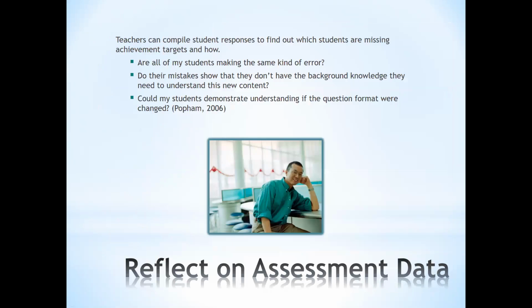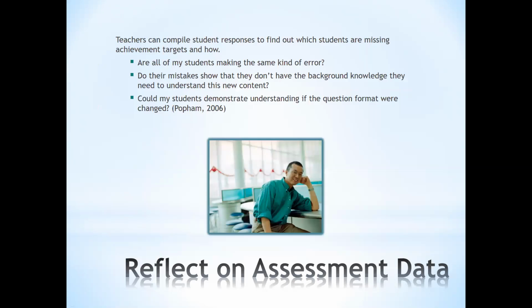Reflect on assessment data. Teachers can compile student responses to find out which students are missing achievement targets and how. Are all of my students making the same kind of error? Do their mistakes show that they don't have the background knowledge they need to understand this new content? Could my students demonstrate understanding if the question format were changed?